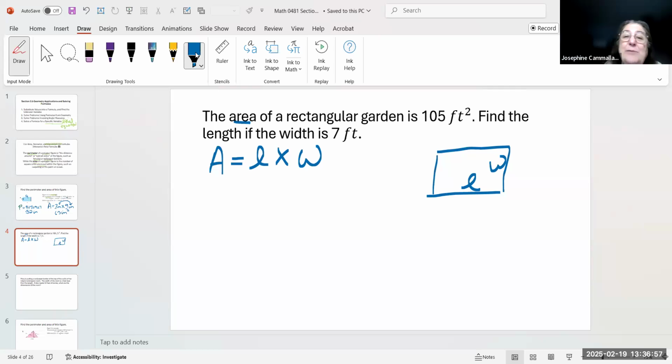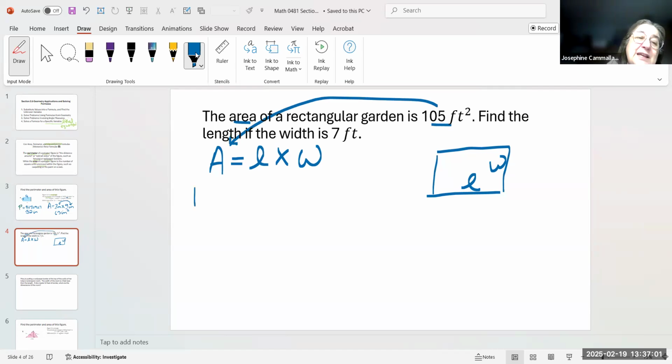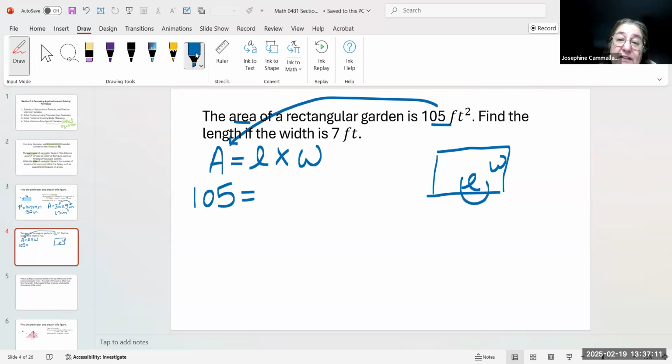Well, they're telling me that this A is 105. But notice that they want me to find the length, which means they want me to find L if the width is 7. Well, this is 7 feet times W.